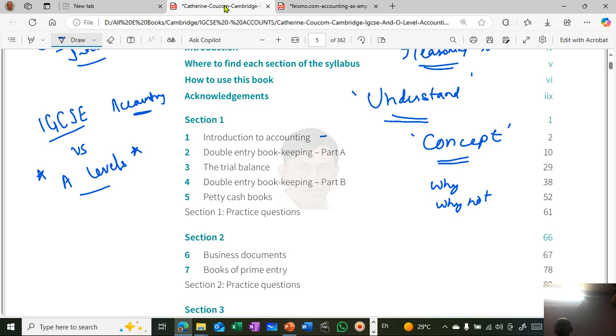We will be solving previous year question papers, a lot of important questions, and even in AS level and A level we will be solving a lot of concepts and important question papers. We just want to help you in understanding the subject accounting, so that it becomes easier for you to score high.